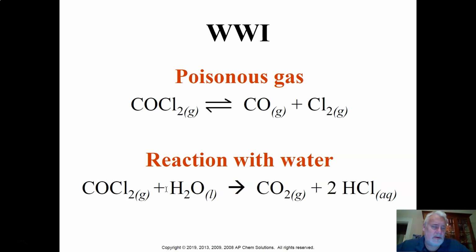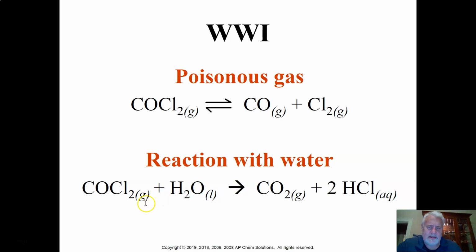We mentioned that we were going to do a conclusion on the phosgene gas. So this slide here shows the reaction we just talked about, and here is the horrific thing about phosgene.